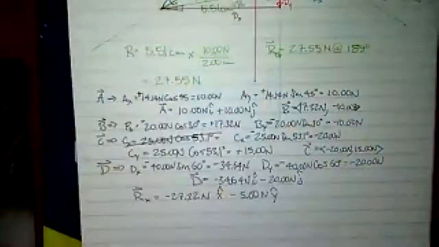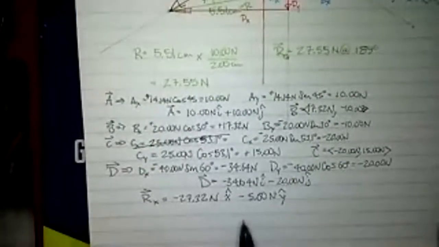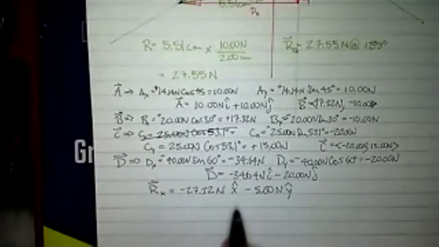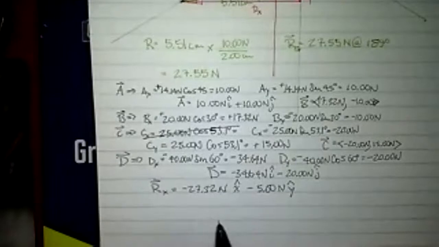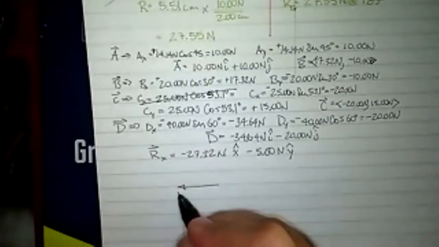But how good is that? Does this actually compare? Well, the way we have to do this is we now take this thing and represent it as a vector. So it's obviously going to have 27.32 in the negative x direction. So I'm going to say, that's about right. In other words, it really doesn't matter. I'm just trying to get a rough estimate of what quadrant it would be in. And then I'm going to go down 5.